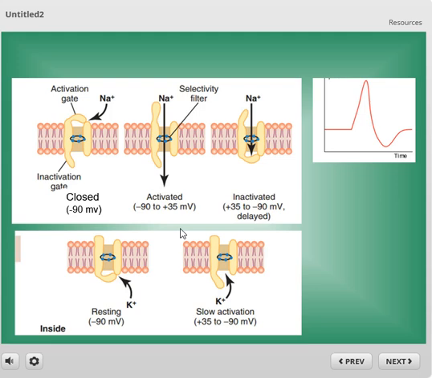This function allows sodium ions to rush into the cell, leading to rapid depolarization, which is critical for the initiation of an action potential, or the rising phase of the action potential.